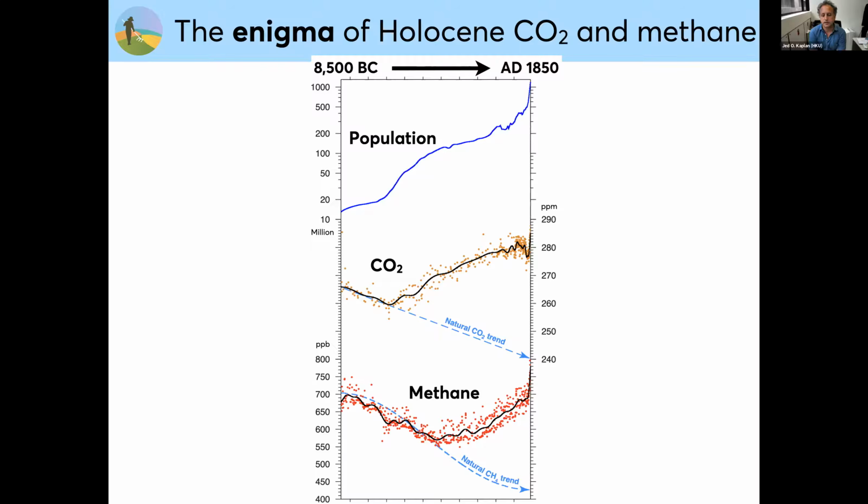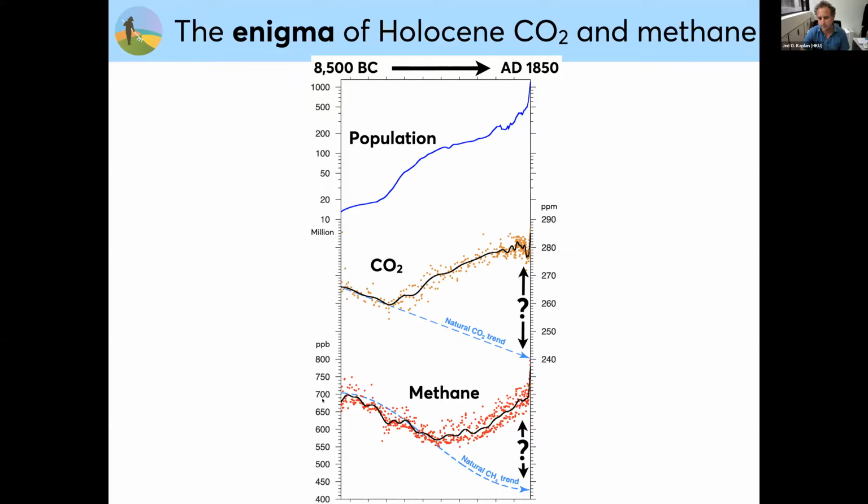And this brings me to another enigma, if you want. We've gone from a conundrum to an enigma, the enigma of Holocene carbon dioxide and methane concentrations. And that is that when we look at ice core records of previous interglacial periods, what we typically see is something that looks like what we saw at the beginning of our current interglacial, where CO2 rises to a certain peak and then starts to gradually decline.